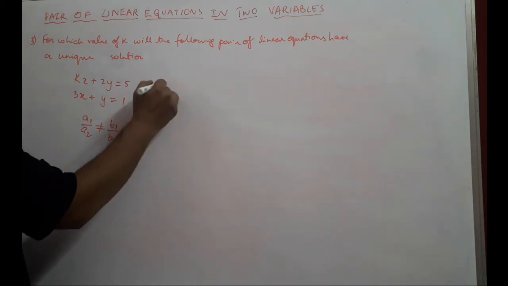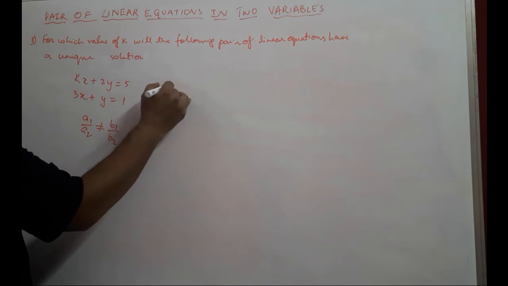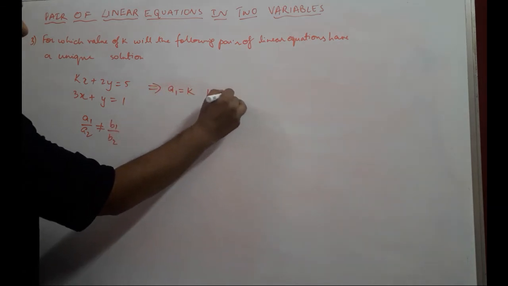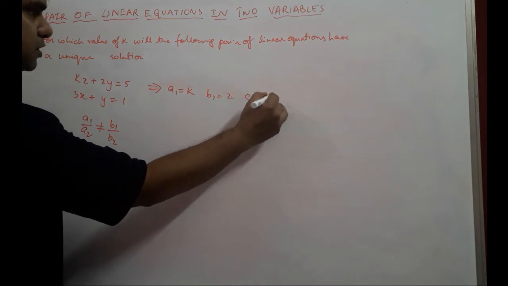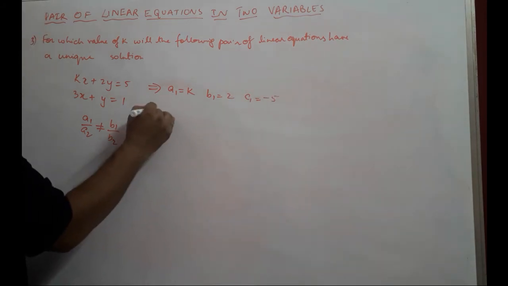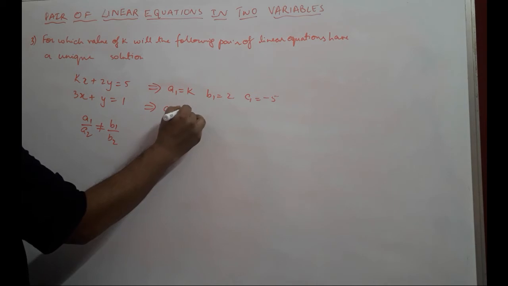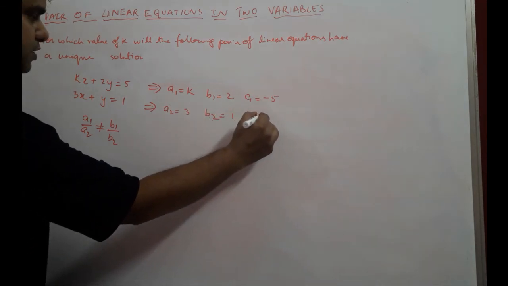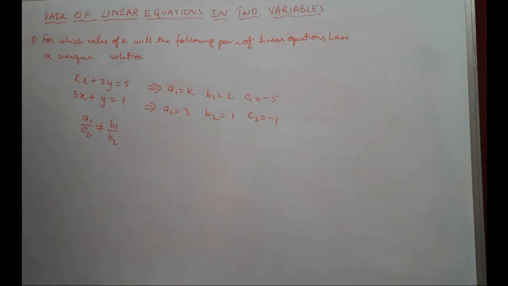Let's list down what is a1 first from this equation. a1 is equal to k, b1 is equal to 2, and c1 is equal to minus 5. Similarly, you have a2 is equal to 3, b2 is equal to 1, and c2 is equal to minus 1. Now let's list them down.